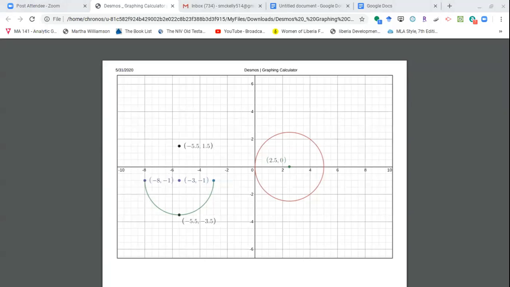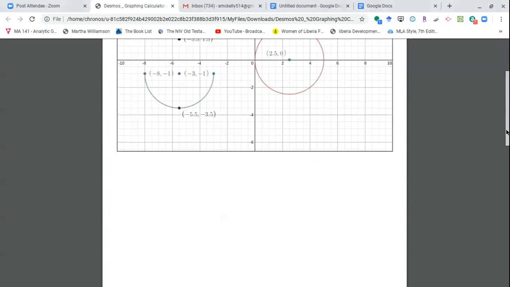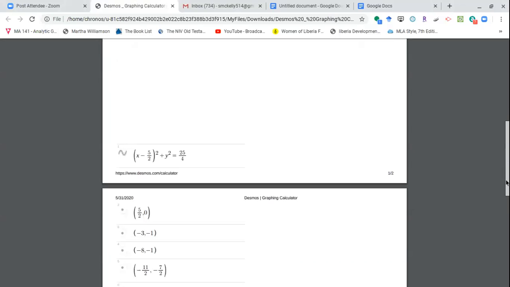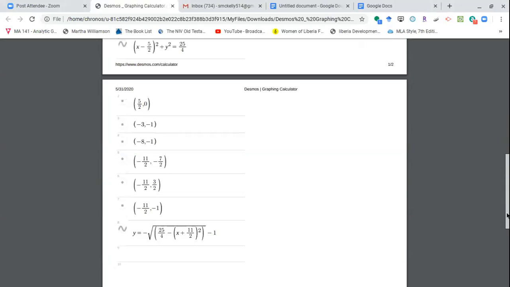If I'm looking at half of the circle, this part is your radius minus this, and the 1 comes from it's not 9/4. That's where I made my error this morning.